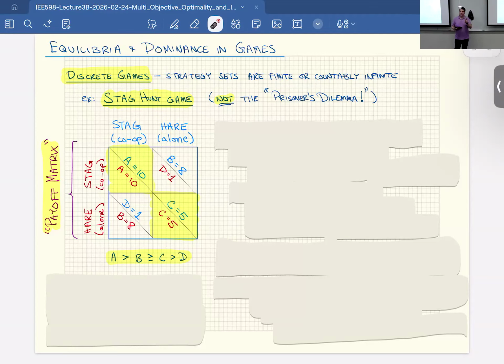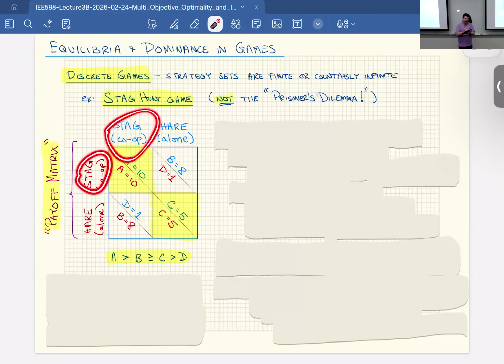And so you need two hunters in order to secure the stag. If both hunters choose to go in on that, play stag, then they're both going to win that stag, and they'll both be able to share a lot of returns from that.